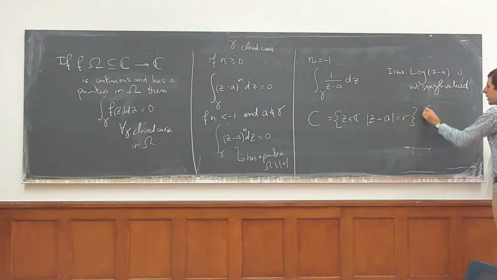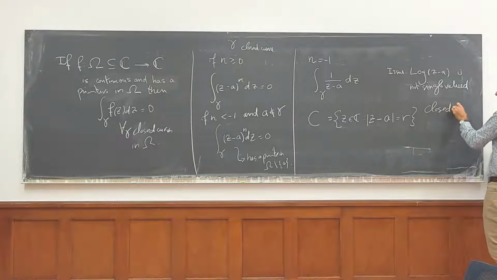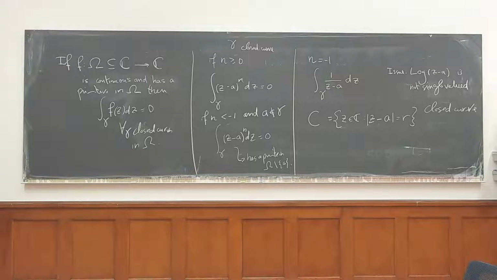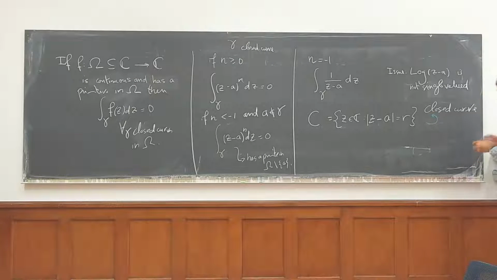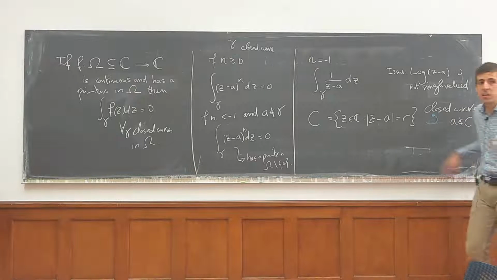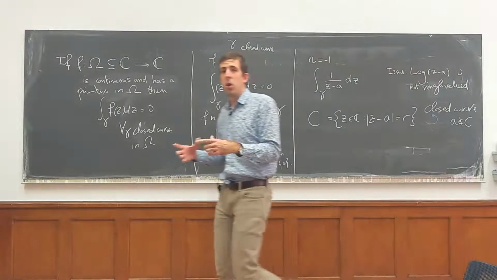This is definitely a closed curve. We have to say in which order we integrate, because otherwise it's not well defined. So we integrate counterclockwise, but it'll be clear when we parameterize. It's a closed curve, and also a is not in the circle. a is in the interior of the circle, but not in the circle.